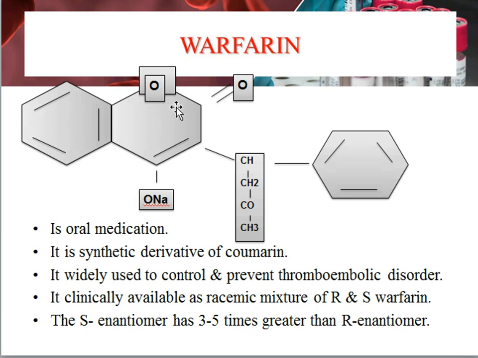The benzene ring containing oxygen is a coumarin ring. It is used to control and prevent thromboembolic disorders. It is a racemic mixture of R and S warfarin. The S enantiomer is 3 to 5 times more potent than the R enantiomer.